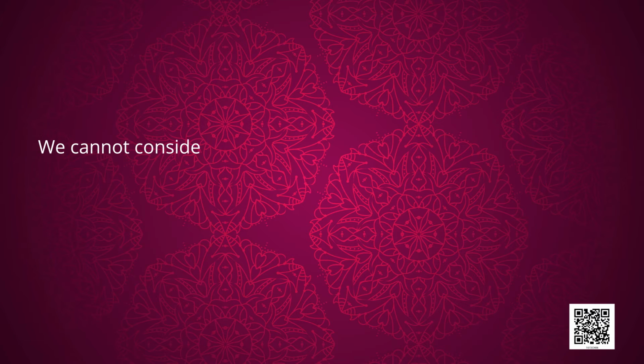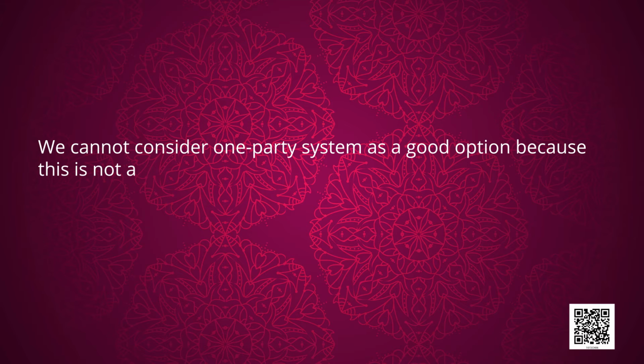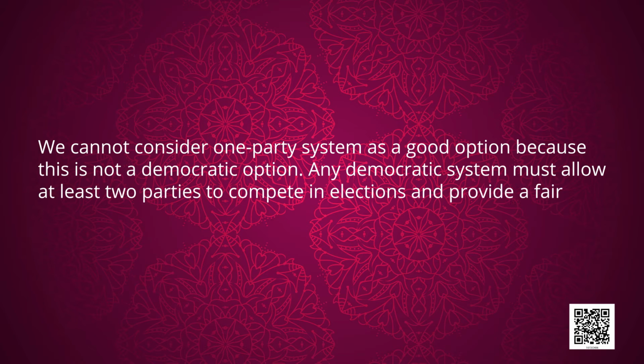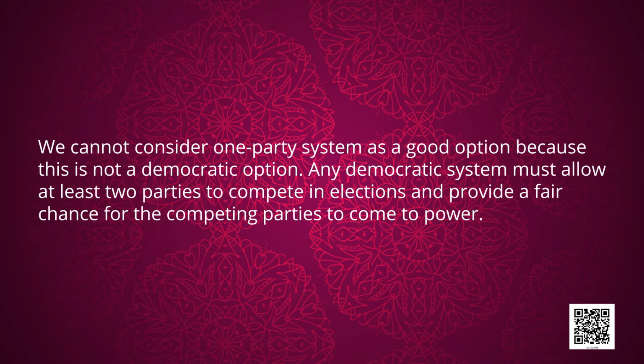We cannot consider one-party system as a good option because this is not a democratic option. Any democratic system must allow at least two parties to compete in elections and provide a fair chance for competing parties to come to power.